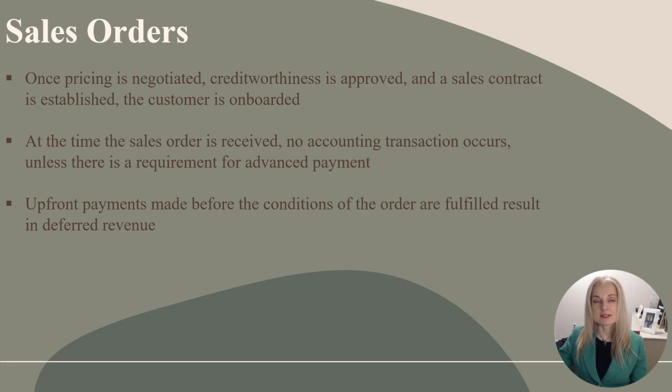At the time that the sales order is received, no transaction occurs unless there's a requirement for advance payment. Remember, this all pertains to our revenue recognition principles. Upfront payments made before the conditions of the order are fulfilled result in deferred revenue because we haven't completed our part of the contract. So it all goes back to Rev Rec.